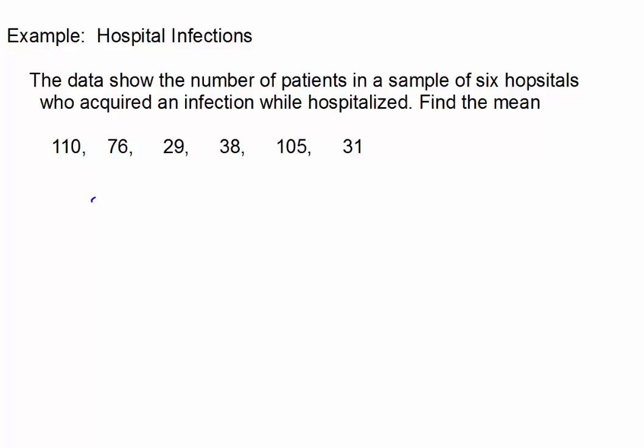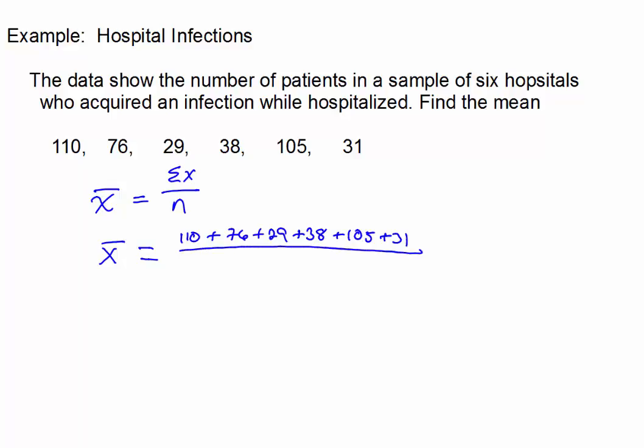And so to do that, we're going to take x bar, which is going to equal the sum of our x's, which is our data points, divided by the total number that we have. And we'll talk about these symbols here in a few moments. So x bar, which represents our sample mean, is going to equal 110 plus 76 plus 29 plus 38 plus 105 plus 31.